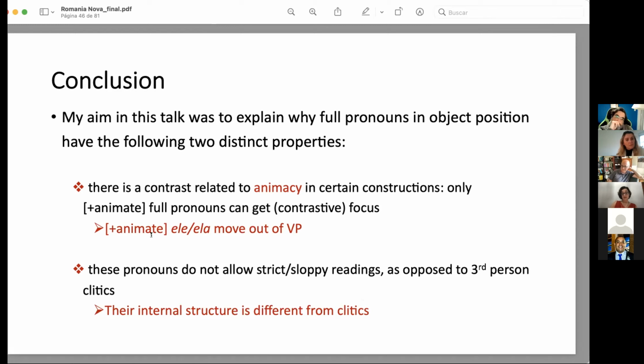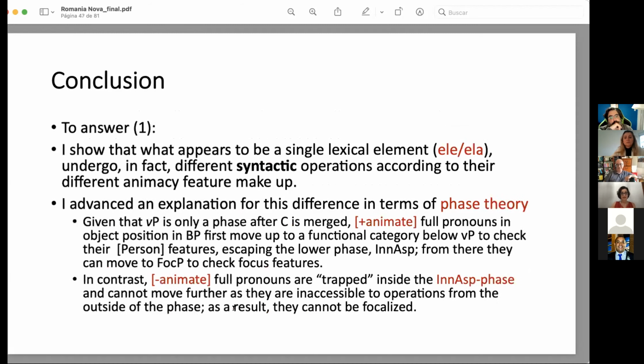My explanation is that these pronouns move out of VP, and then in that position, they may be able to be focused. Minus animate pronouns do not move, so they stay down there, and they cannot be focused. Now, these pronouns do not allow strict and sloppy readings, as opposed to third person clitics, because they have different internal structures due to this historical diachronic change that Brazilian Portuguese has undergone.